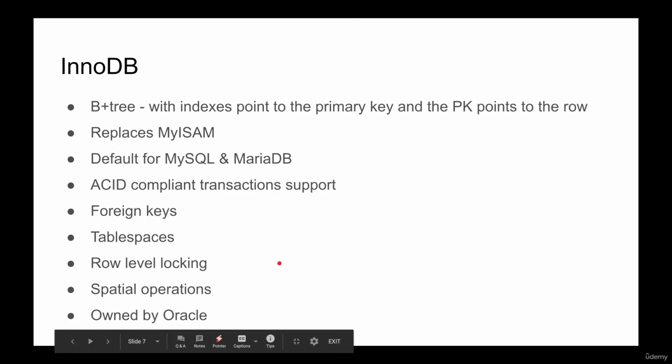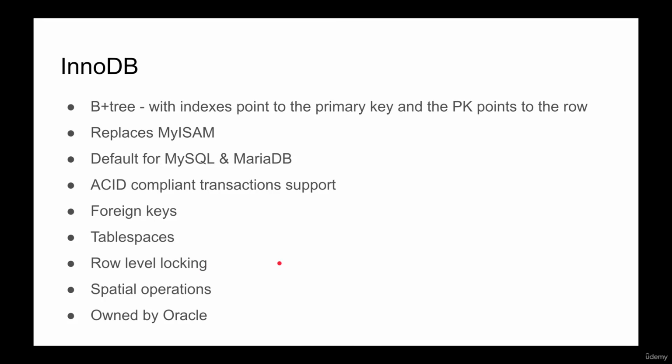Row level locking. That's a very good feature. I want to prevent people from editing the row, because I'm doing something to it, like I want to serialize some functionality.